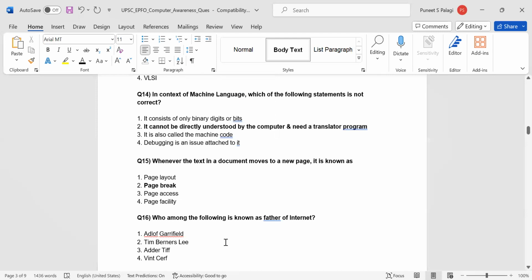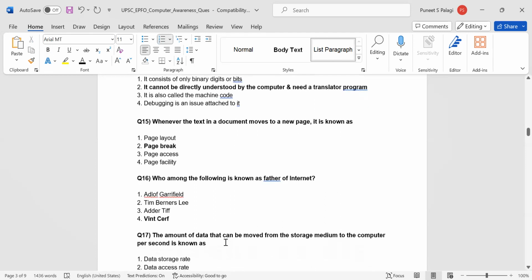So the father of internet we call Windsurf as the father of internet. All the other people have contributed for some other technology, but Windsurf is known as the father of internet. Okay.